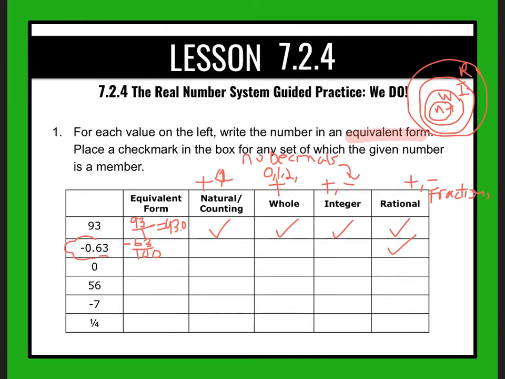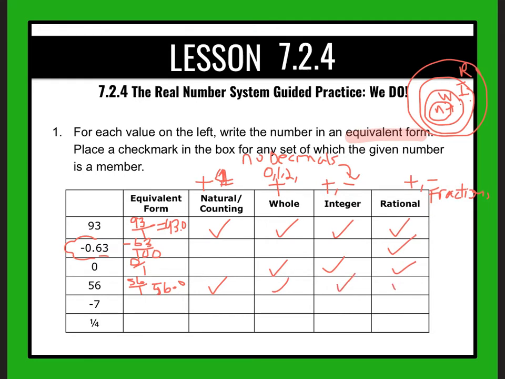0, I know 0, another way to write 0 in fraction form is 0 divided by 1. But natural numbers start with the number 1, so it can't be natural, but it definitely is whole. Again, if I'm whole, I'm an integer, and I'm rational. 56. I can write 56 as 56 divided by 1, or 56.0. It's a natural number because it's positive with no decimals. It's a whole number.